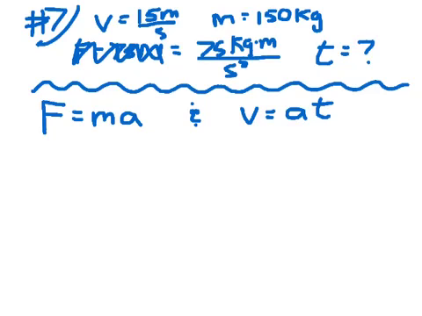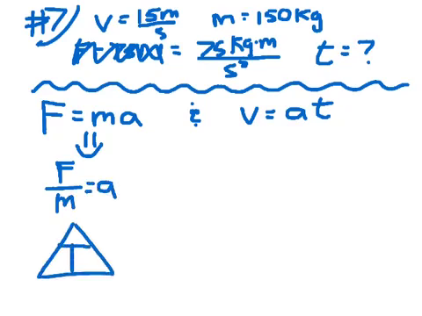Now, if I make the same substitution I did before, watch what happens. If I rearrange this equation, F over m is equal to a. Remember our triangle? So F over m is equal to a.